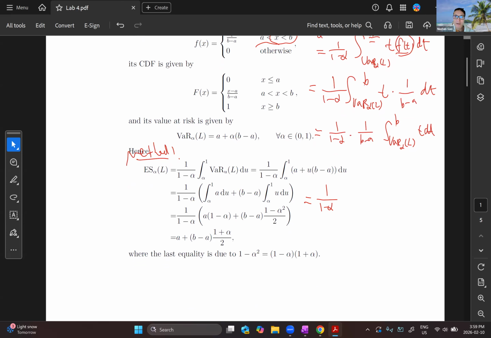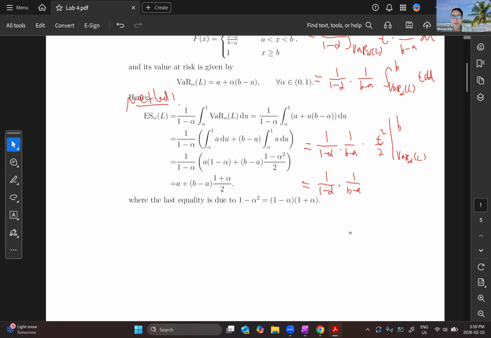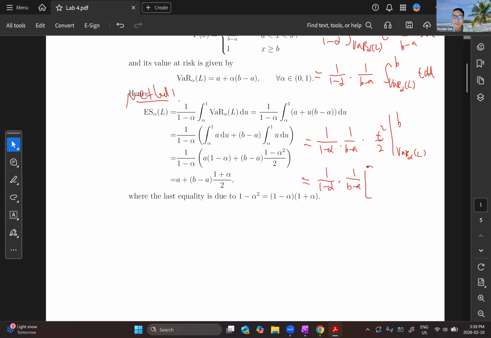It is a half t squared. Half t squared evaluated from the value at risk to b. So it would be equal to 1 over 1 minus alpha times 1 over b minus a, times a half, times b squared minus value at risk squared.